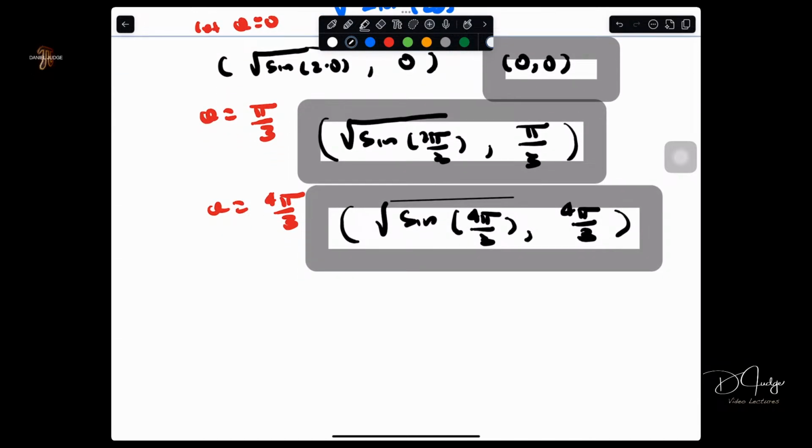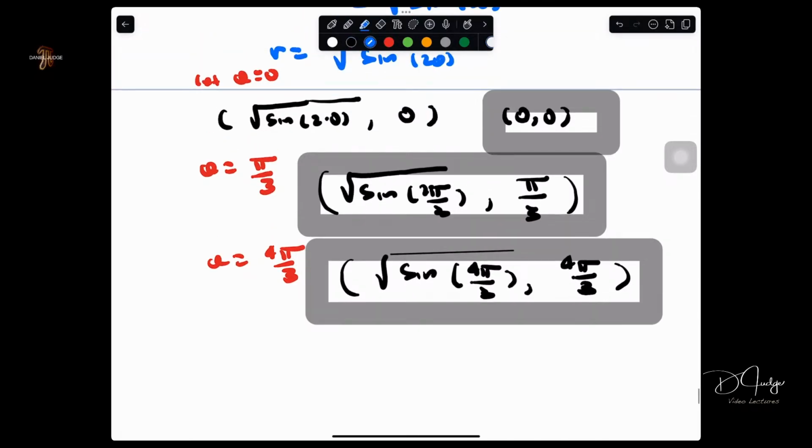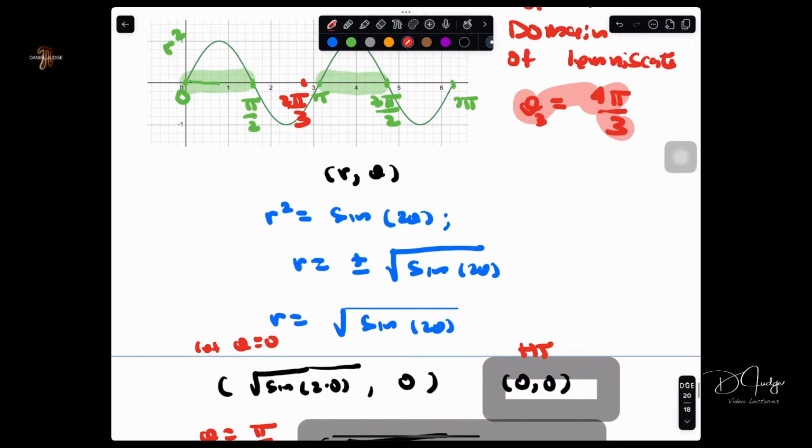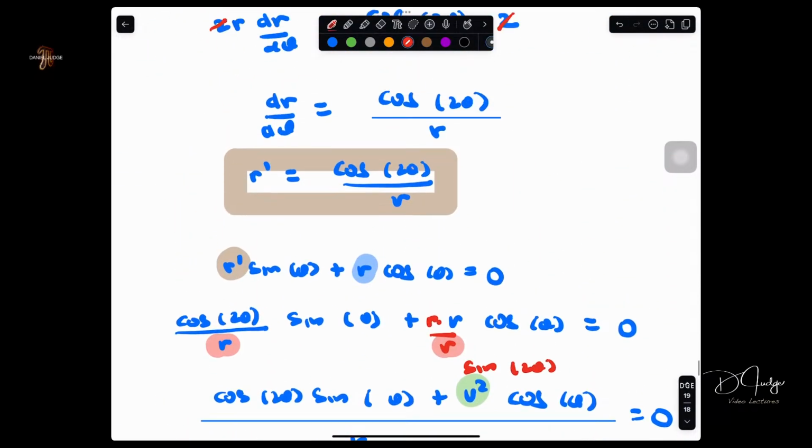Now, if you said, what about vertical tangents, right? Because these are the location of horizontal tangents. What about vertical tangents? Well, you're going to have to do the same thing.